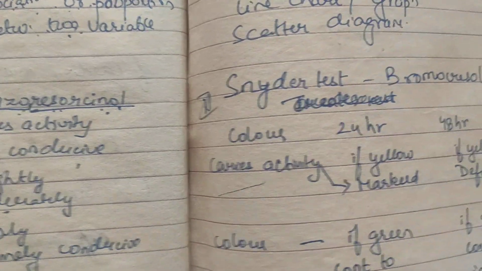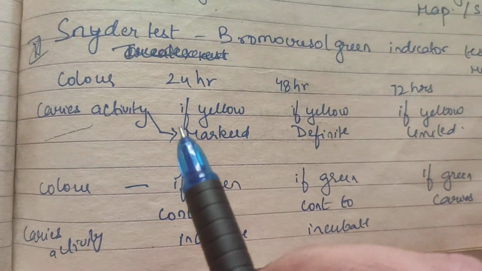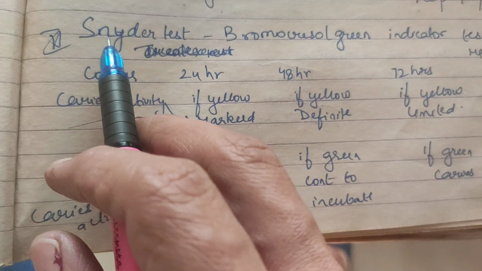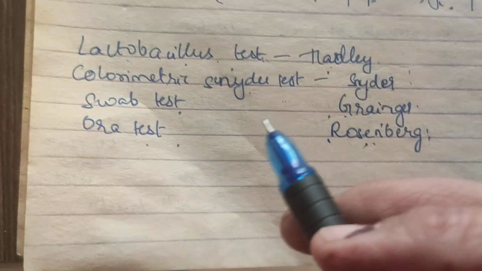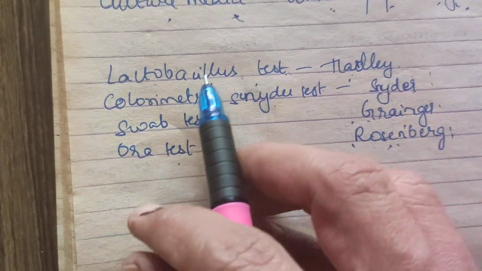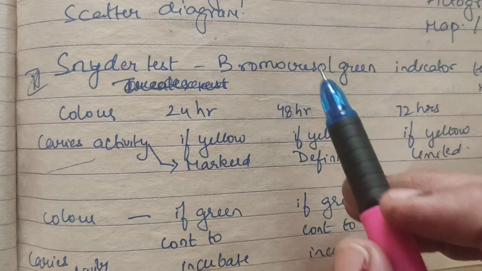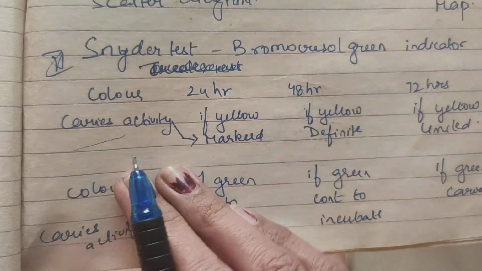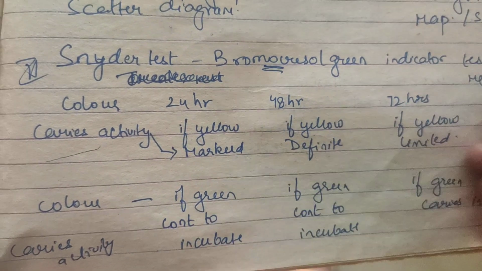Then the third one is the Snyder test, which is also called the colorimetric Snyder test, given by Snyder. The indicator dye is bromocresol green. The question is, what does this test do?